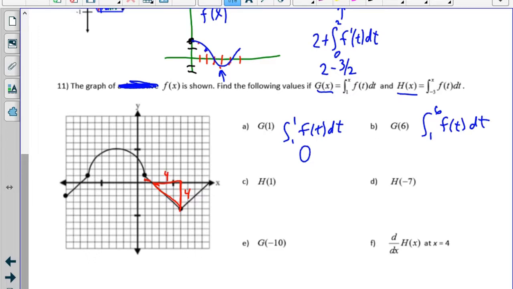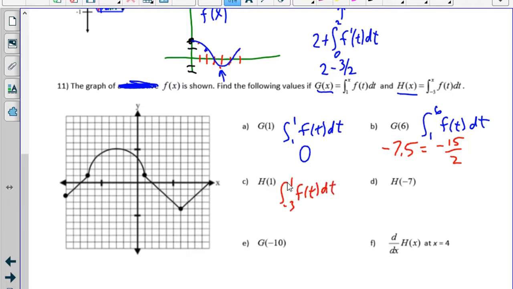So I have 1/2 minus 8, and that ends up being negative 7.5, which is the same thing as negative 15/2.